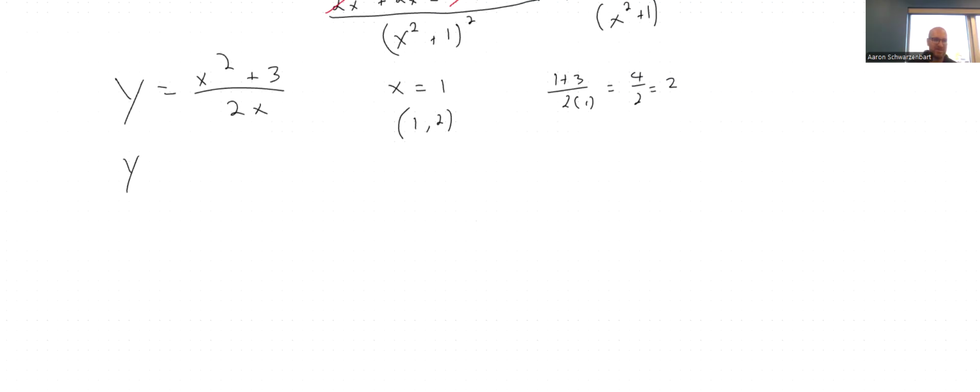Y prime, this is a quotient rule. Low times derivative of high, minus high times derivative of the bottom, which is 2, all over 2x squared.